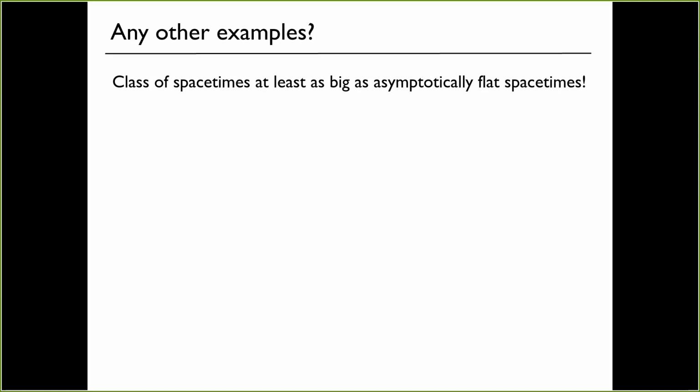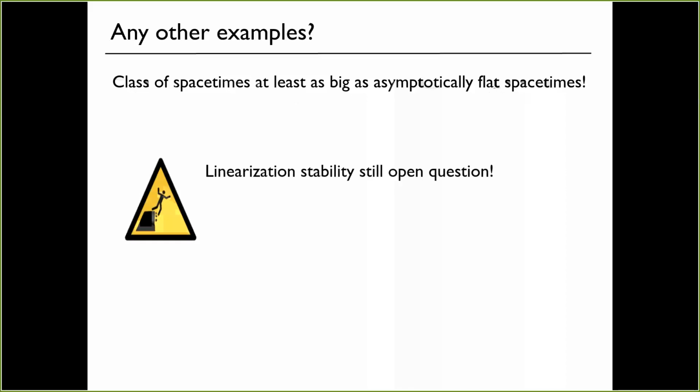Now, unfortunately, this proof did not allow us to show whether those spacetimes are physically interesting. Right? Ultimately, what you're interested in, and that's the reason why asymptotically flat spacetimes are so common and often used, is that they really model physical systems. And this construction, unfortunately, did not allow us to do that, nor were we able to actually show that our definition is stable under linearization.